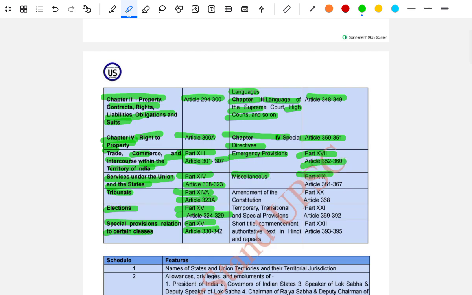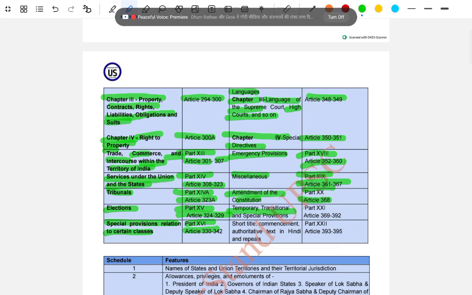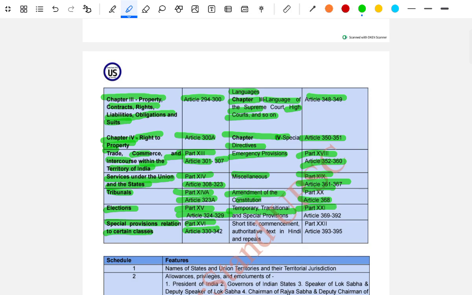Part 19, Article 361 to 367. The amendment of the Constitution, Part 20, Article 368. The temporary, transitional, and special provisions, Part 21, Article 369 to 392.